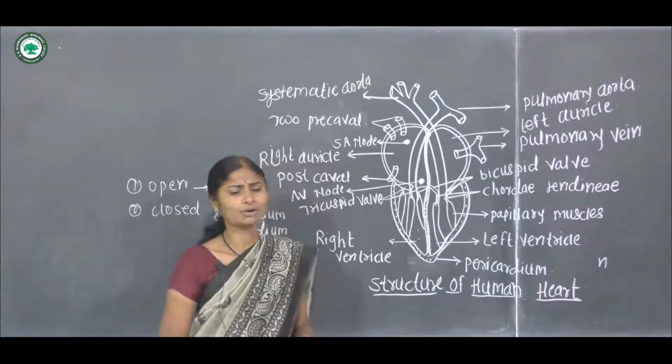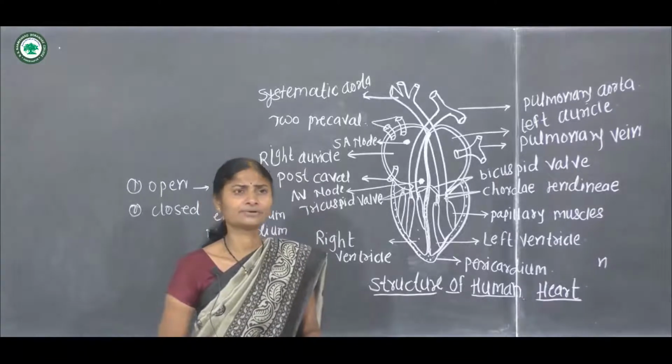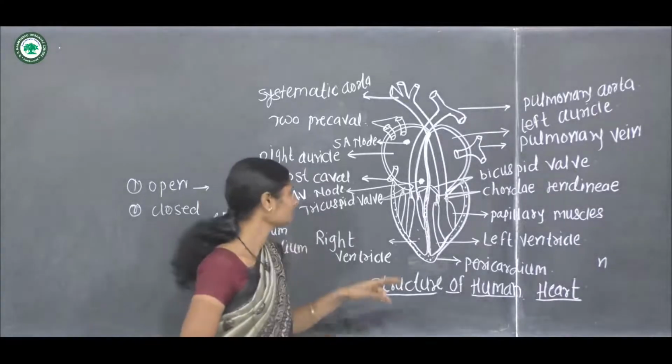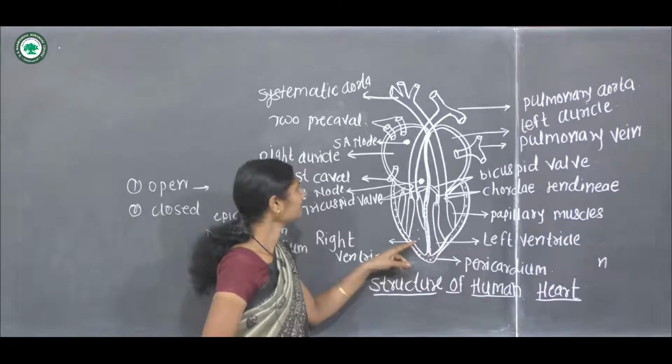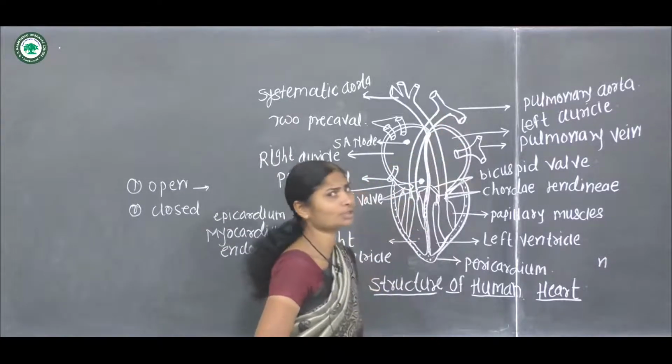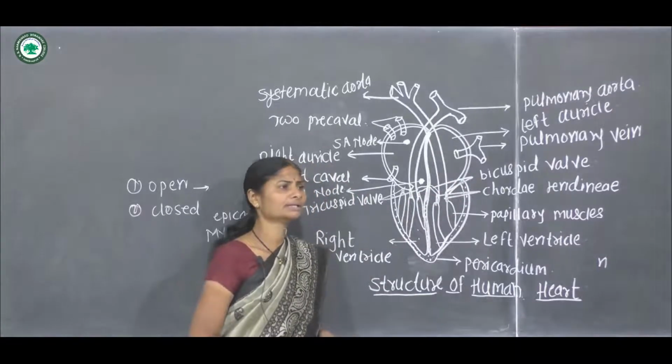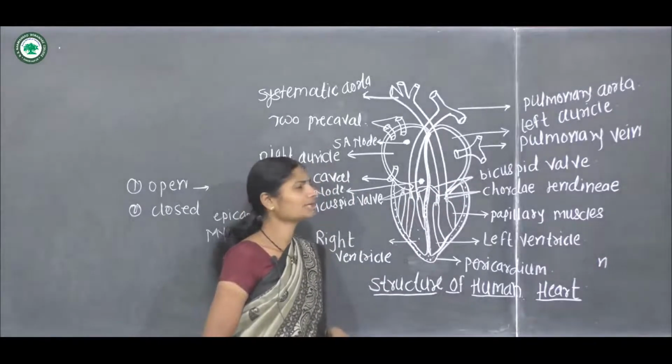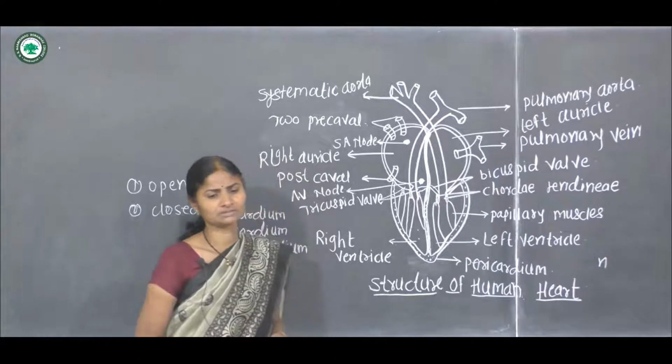The pulmonary aorta carries blood from the right ventricle and supplies blood to the lungs for purification.